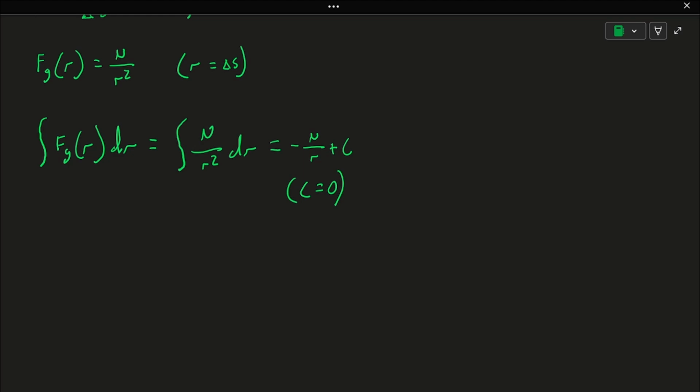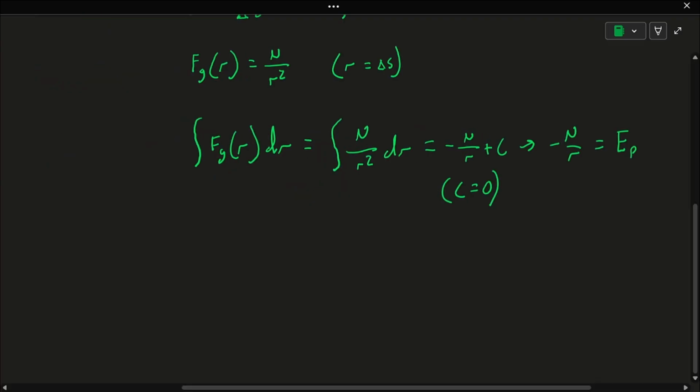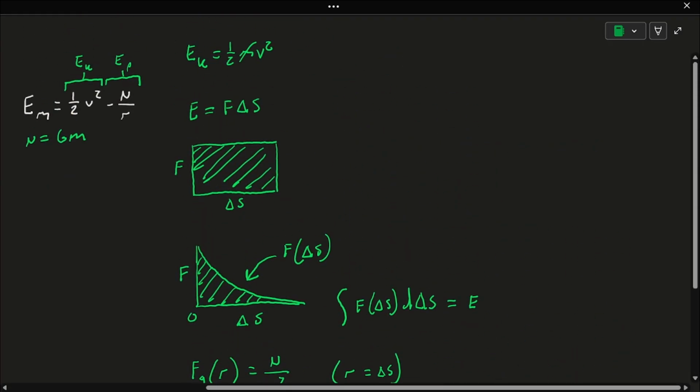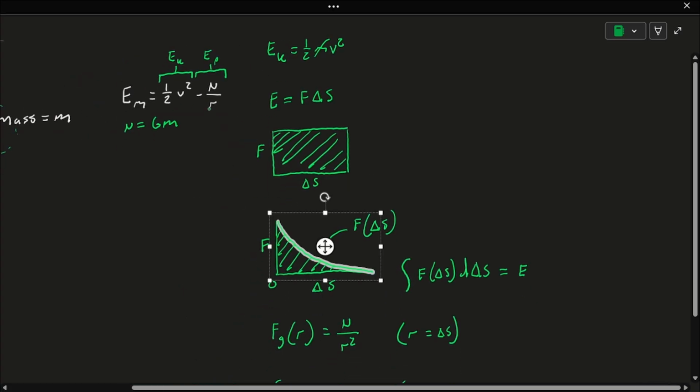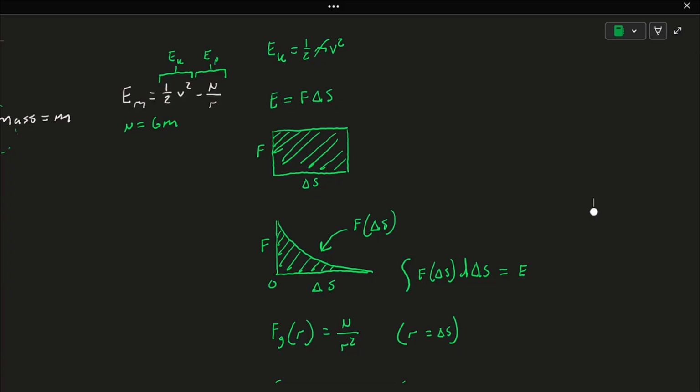Now, one downside of this is it means our potential energy will always be negative, but we can deal with that. So we can then basically just say this is negative mu divided by r, which equals our gravitational potential energy. And you can see, sure enough, in our equation, we have negative mu divided by r. So this is just kinetic energy plus our gravitational potential energy.